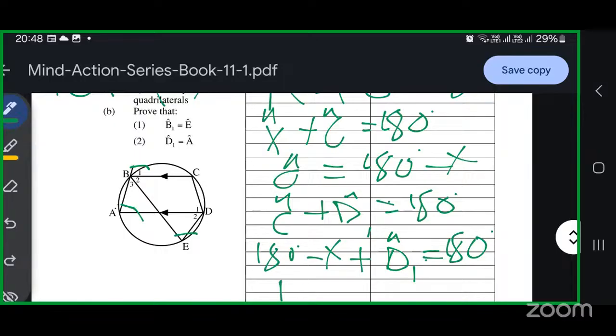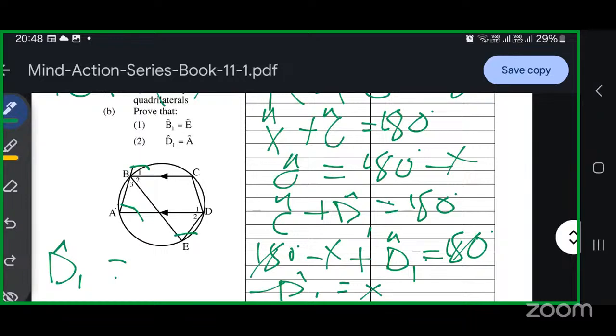Then we want D1. D1 is equal to, we transpose 180 to that side and it cancels. When x goes to that side, D1 is equal to x.